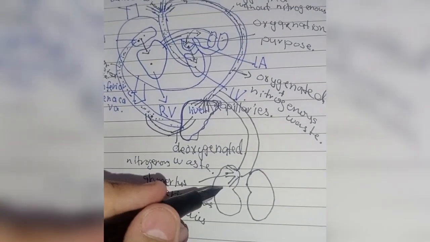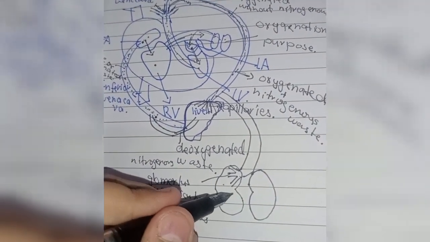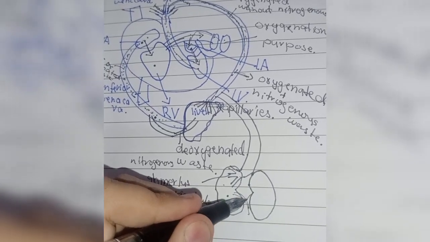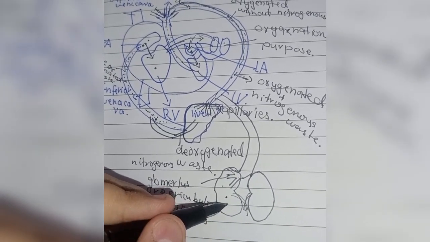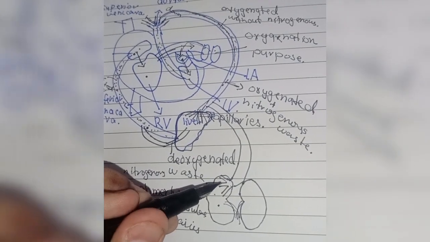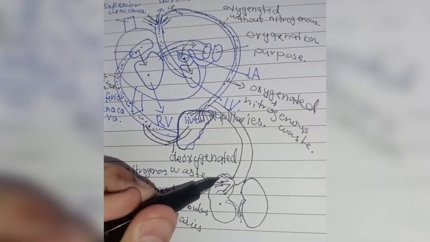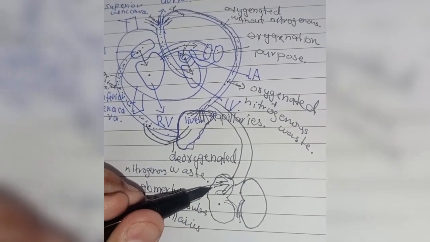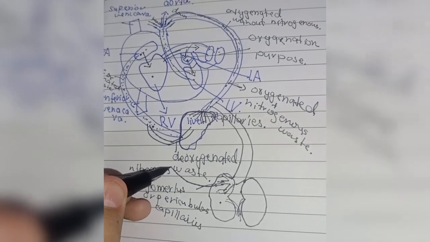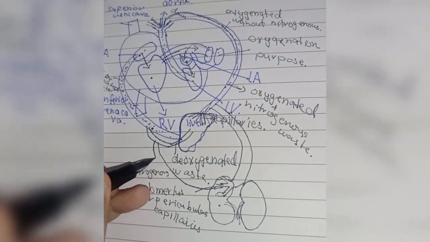Okay, so in the kidney, the urine is formed, and the urea is removed from the body through the kidney. But then this capillary will again join with the renal vein, and will join the same vena cava.